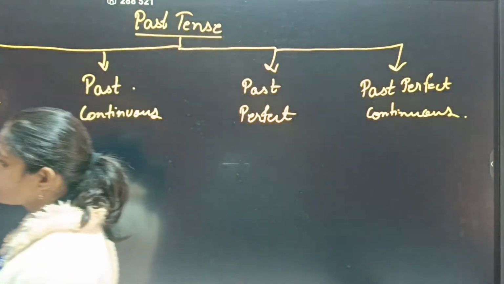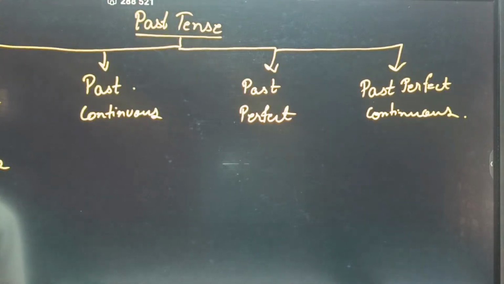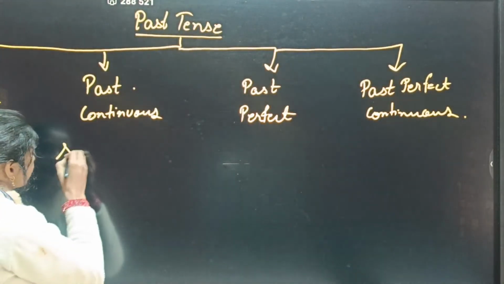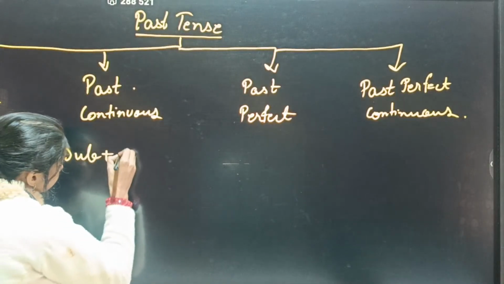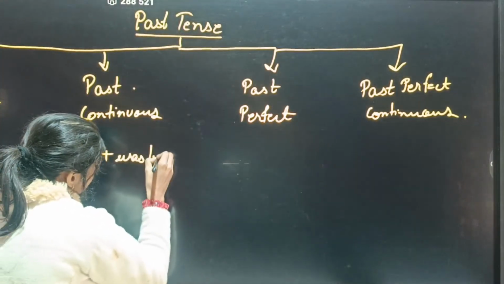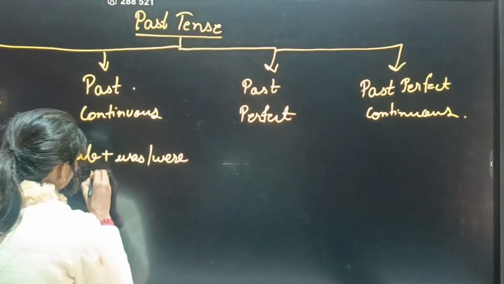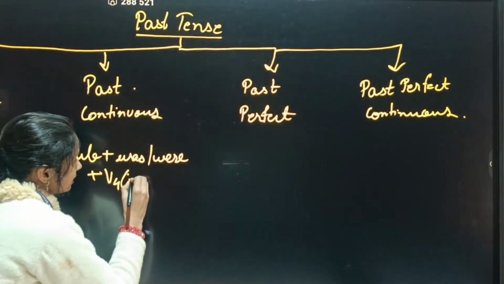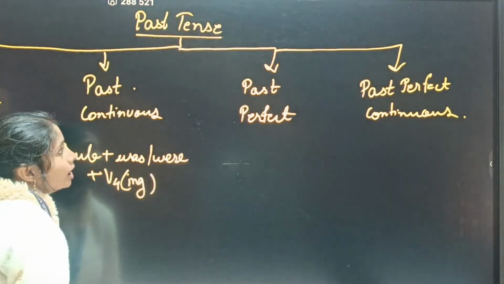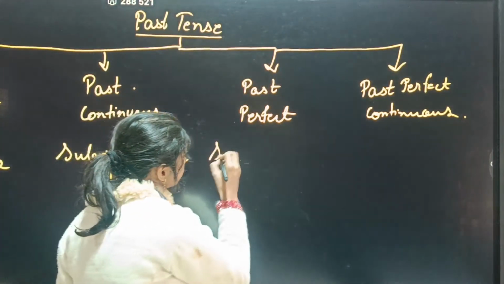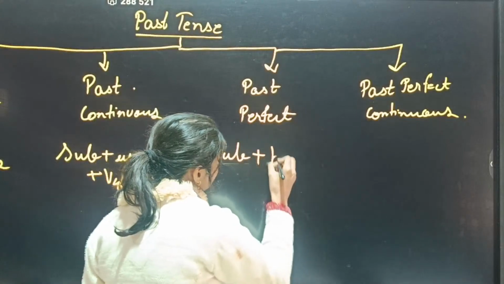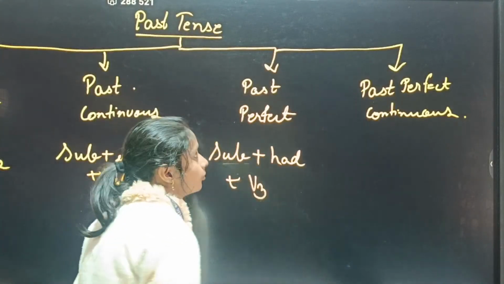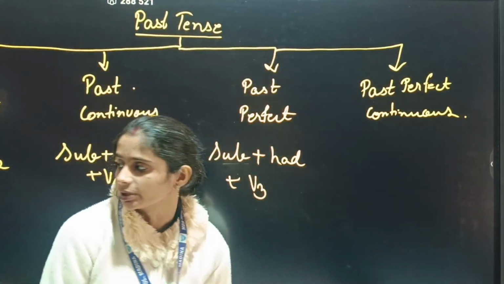Then we have past continuous tense, and its structure is also not so difficult: subject plus was/were plus verb fourth form, that is the ing form. In past perfect we use subject plus had plus verb third form, that is the past participle.